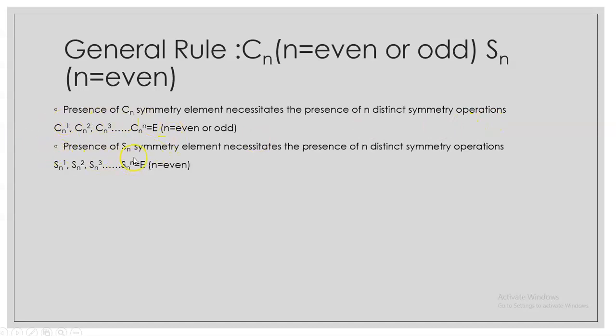And the presence of an Sn symmetry element gives n distinct symmetry operations, namely this, when n is even. For a proper axis, n is odd or even, you get the same, but for an improper axis of rotation, when n is even, you get n number of symmetry operations.